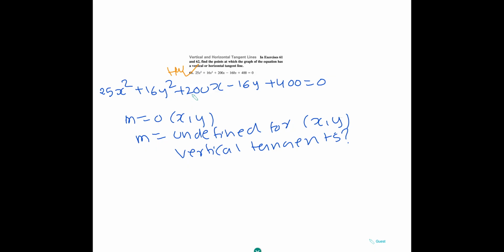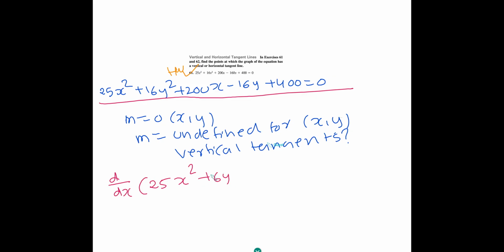So, can you differentiate this equation implicitly? That means d over dx of 25x squared plus 16y squared plus 200x minus 160y plus 400, which is equal to d over dx of 0, right?